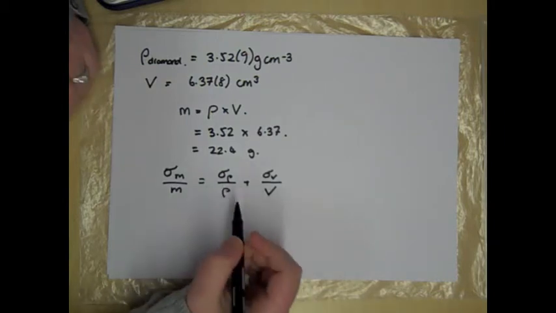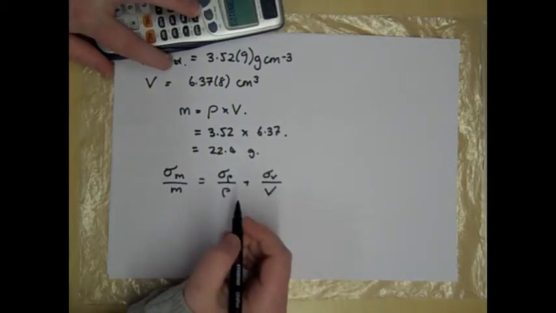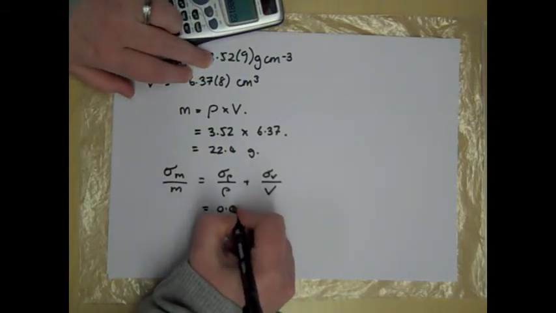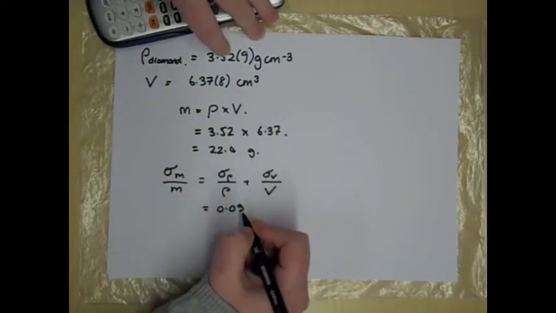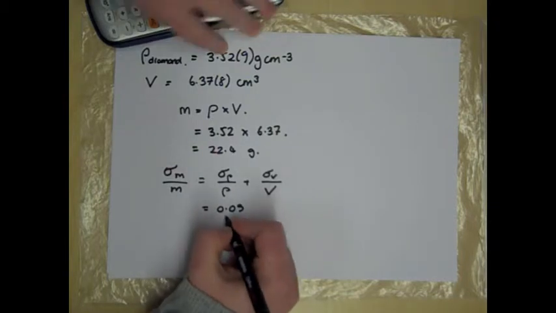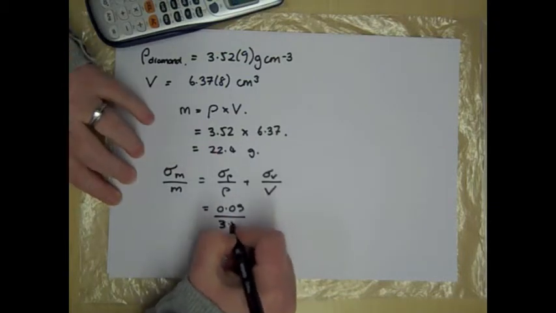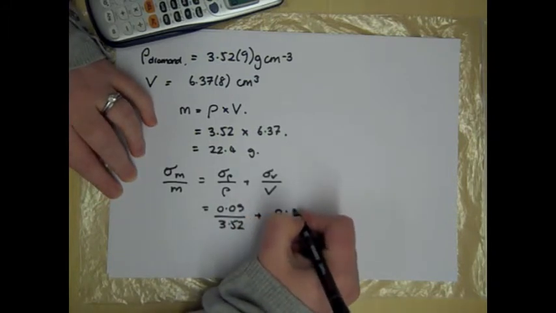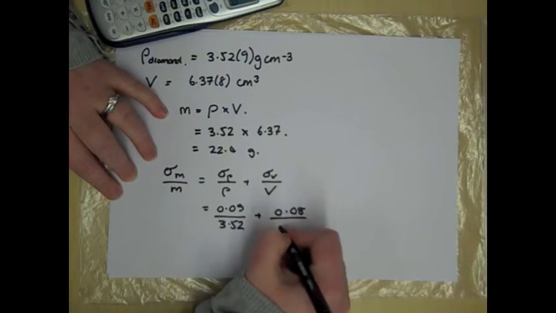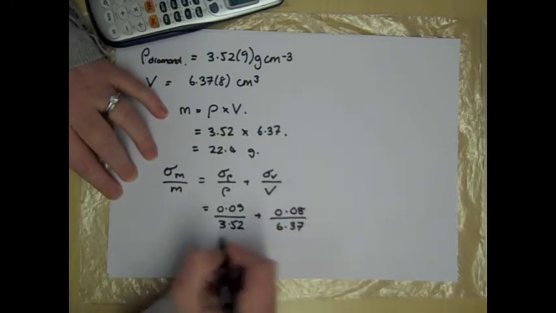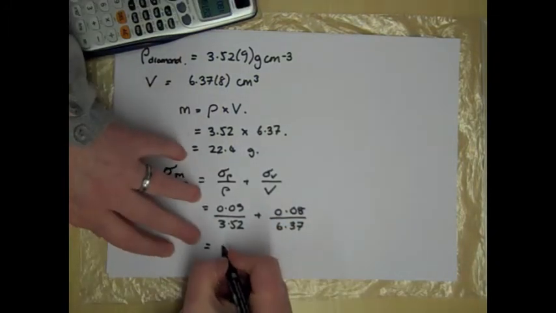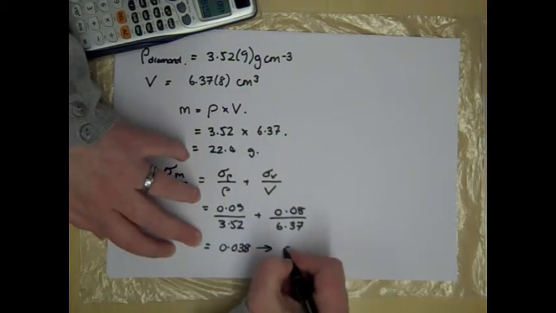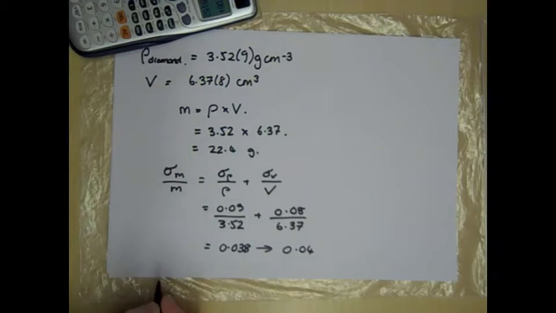And so here I can just put in these values. This is equal to 0.09. Remember, this 9 is an uncertainty in this last digit, so it's 0.09 divided by 3.52 plus 0.08 divided by 6.37. So this is equal to 0.038, so I'm going to take that to be 0.04.